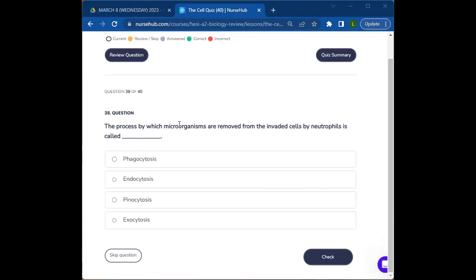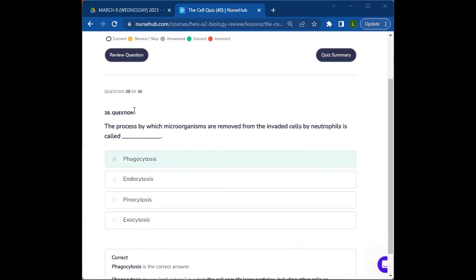Okay, time's up. The correct answer is A, phagocytosis. It is extremely important, especially for the HESI, that you need to know that there are some biology questions in the biology section that will connect back to anatomy. Super important to know. And vice versa, there might even be some questions in the anatomy section that cross back over to the biology section.